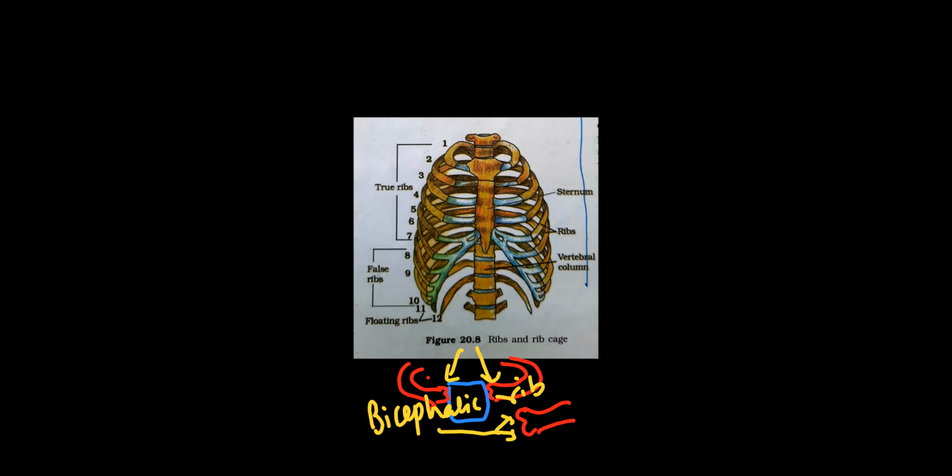This is the ventral end of the rib, and this is the dorsal end. At the dorsal end, where the rib articulates with the vertebral column, it has two head-like projections. We call it a bicephalic rib. The human ribs are bicephalic in nature.